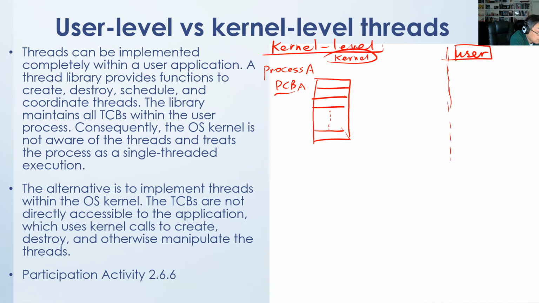Now, if threads are supported at the kernel level, if process A says, okay, I'm going to run 2 threads, then you're going to create 2 TCBs, TCB1 and TCB2, which basically store the CPU state.